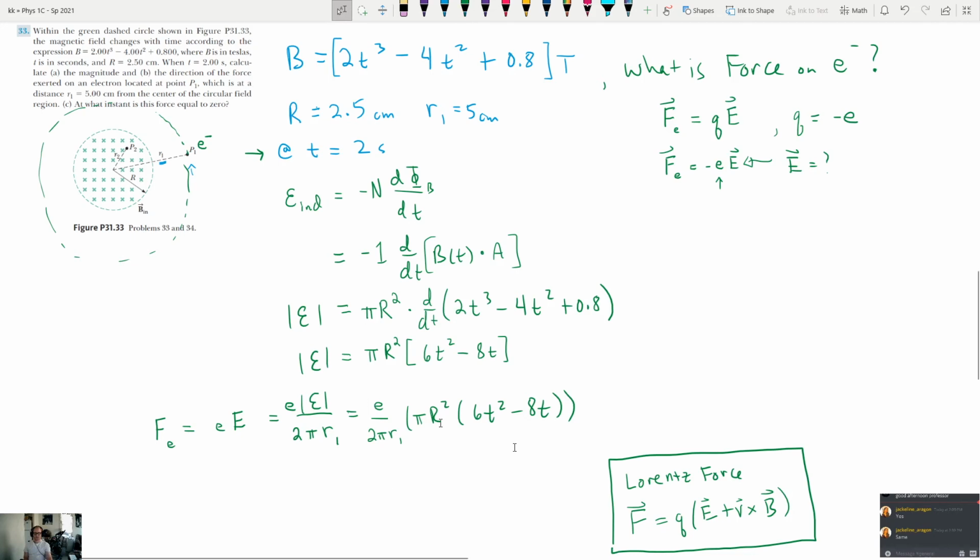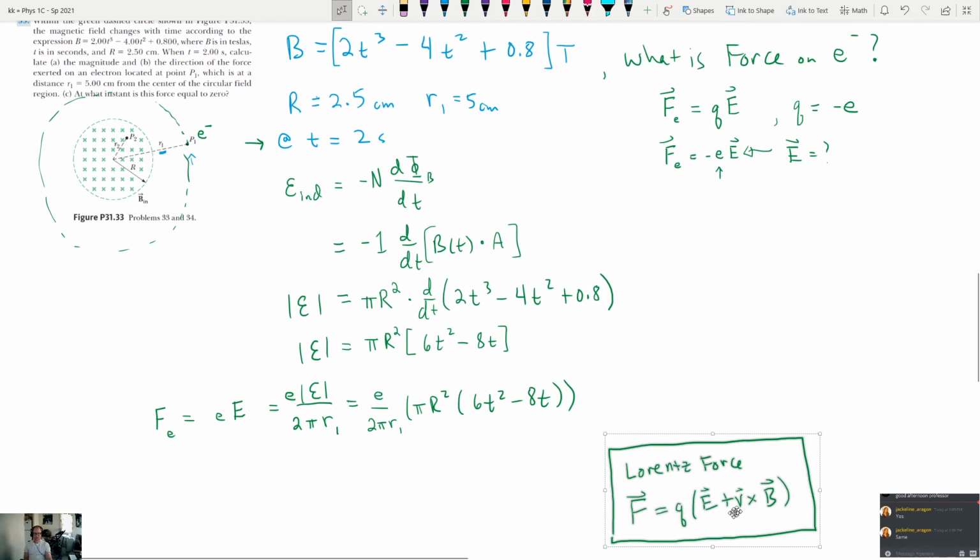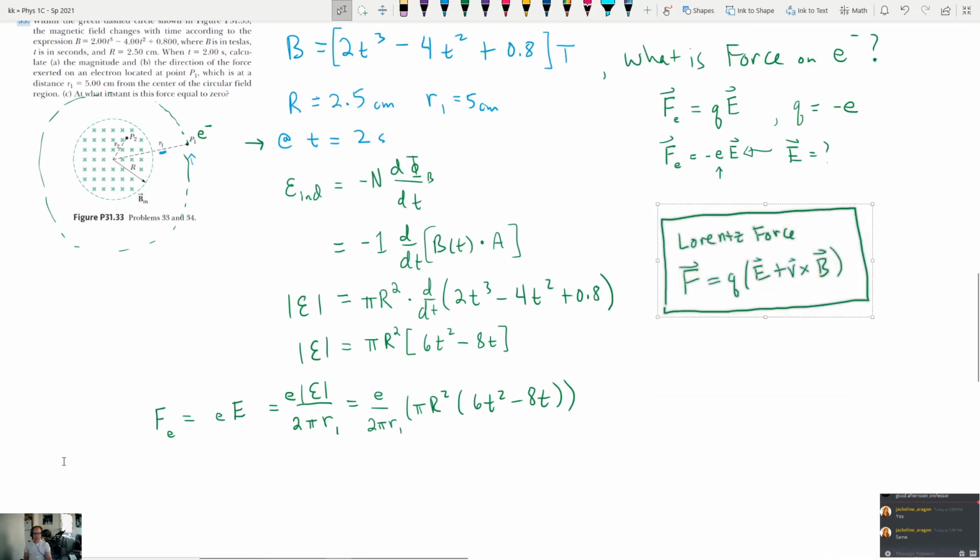All right. So now we can plug in values. So F sub E, the electric force, is equal to, electron charge is 1.6 times 10 to the negative 19 coulomb, divided by 2 pi r1. r1 was equal to 5 cm, so 0.05 meters, times pi.